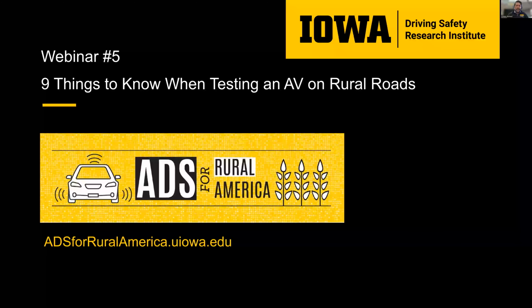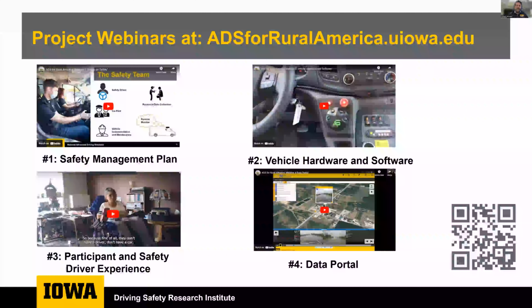This webinar is the 5th in a series of webinars. We've already had webinars on the safety management plan that we developed for this demonstration project. We've had a webinar on the vehicle itself and the hardware and the software that makes that vehicle work under automation.